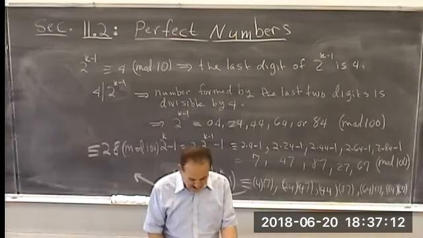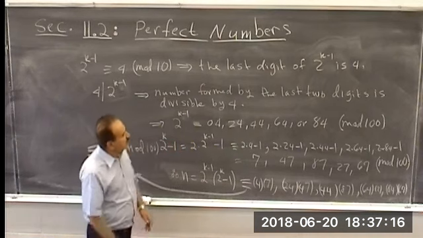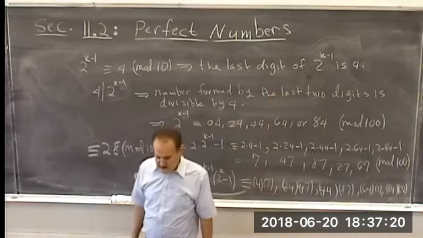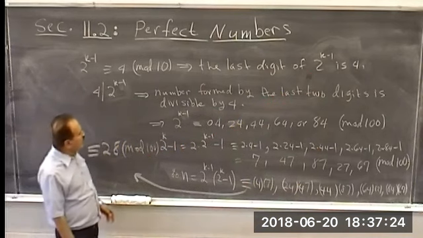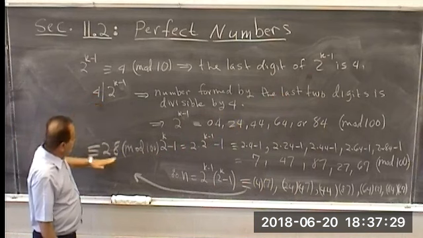So whenever the exponent k on the 2 for an even perfect number is congruent to 3 mod 4, then that perfect number actually ends in 28.